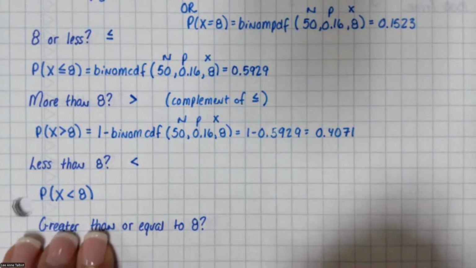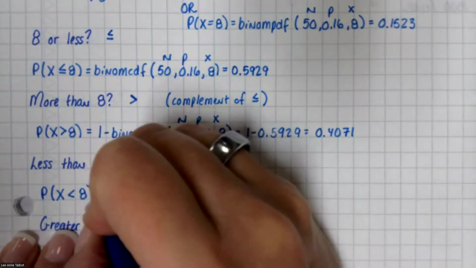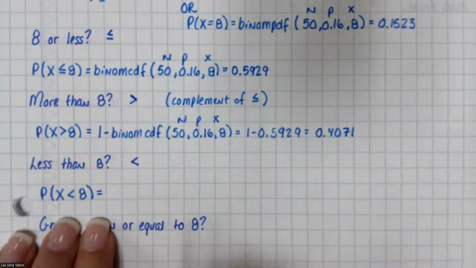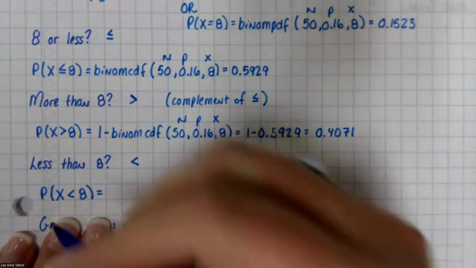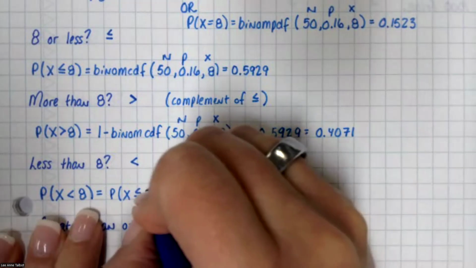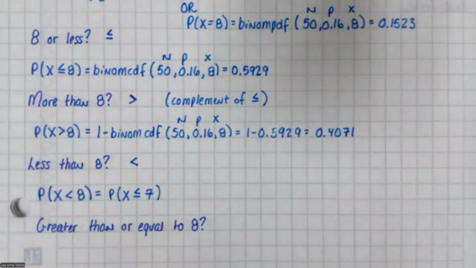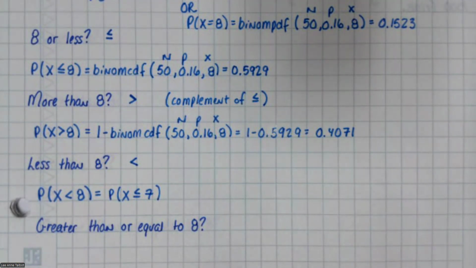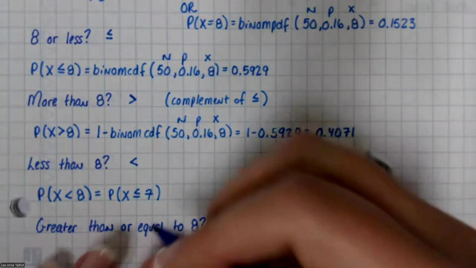Okay, however, what I want to convince you of is that because these are discrete, this is equal to that. Because you're not going to have decimals of trees that are infected.